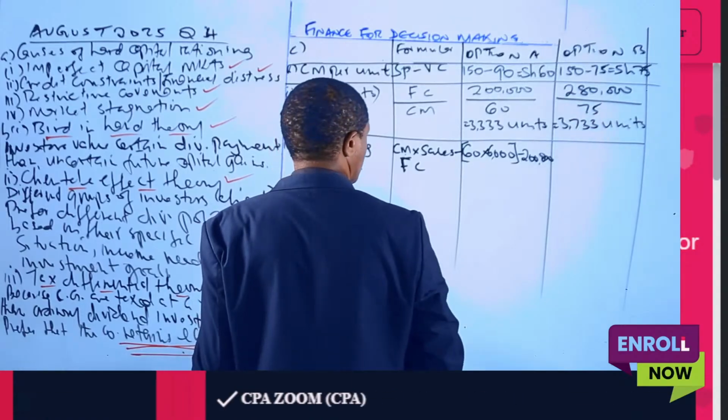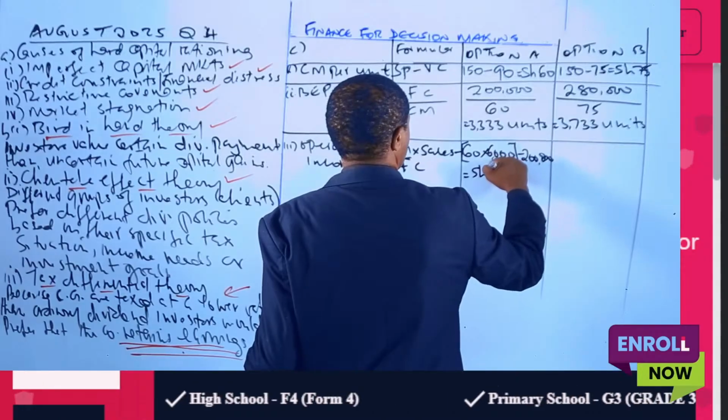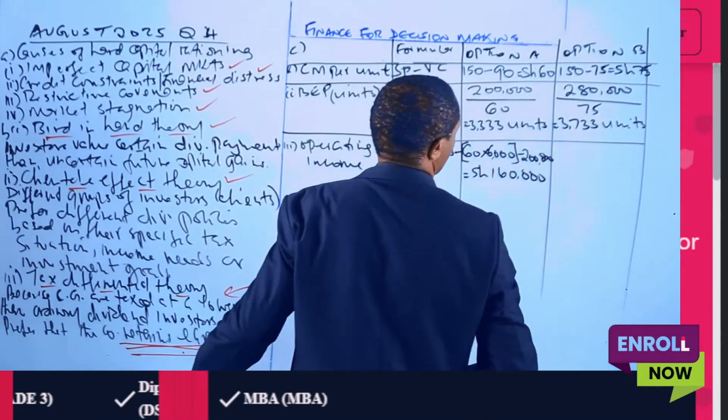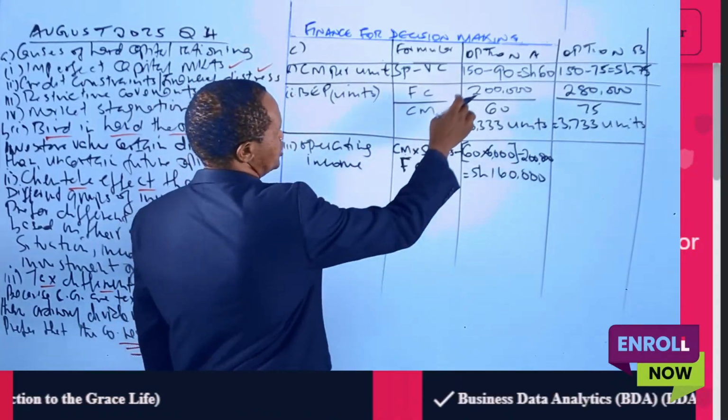This gives me 160,000. That is the operating income for option A.